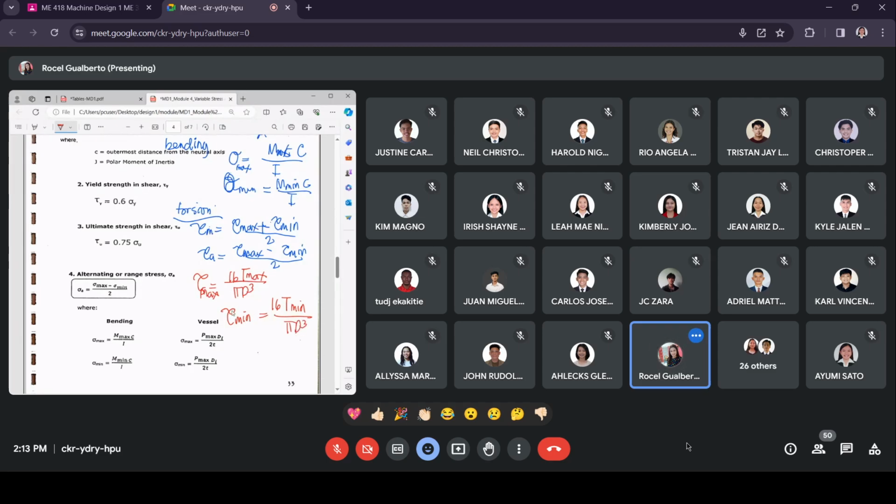So, this tau max and this tau min, yan po yung gagamitin natin dito to obtain your tau M and tau A. So, ganun din po dun sa sigma kanina. That is how you obtain your value of tau M and tau A.